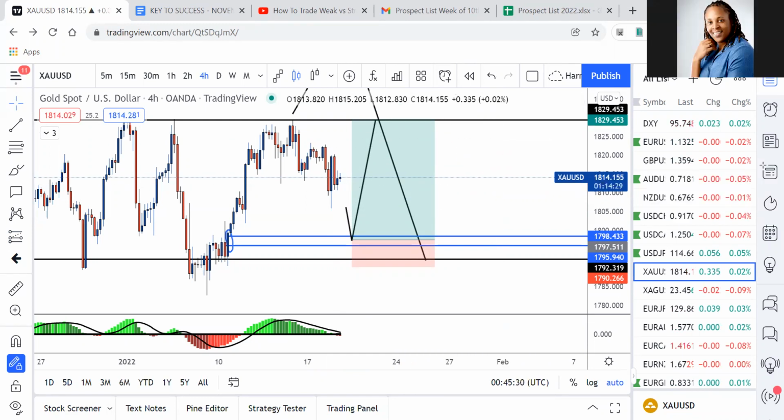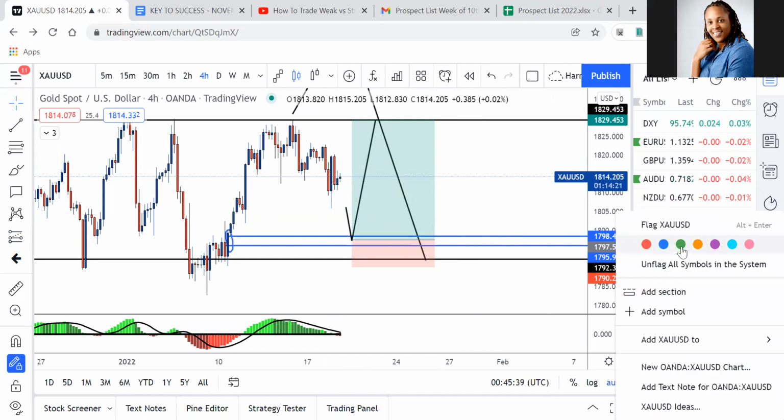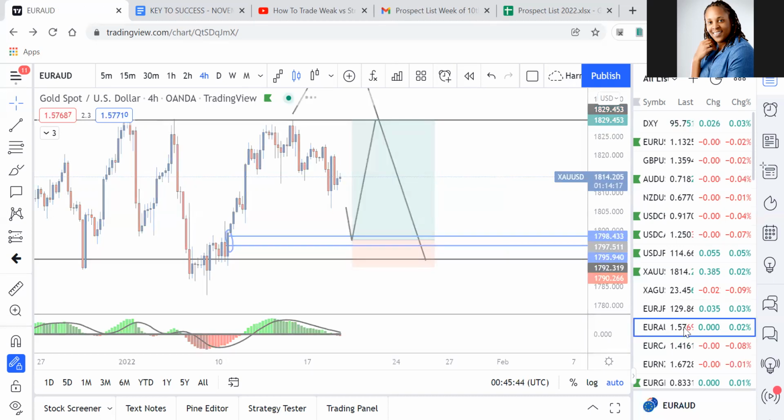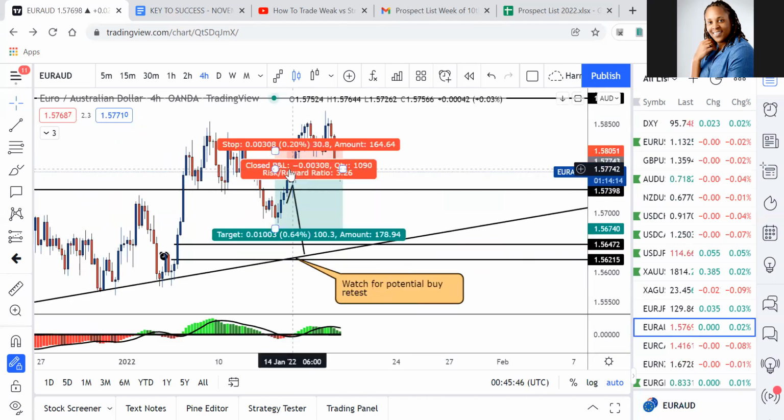This is the setup. So we can keep our eyes on that. Right. Let's see what else we have, if we have anything in the minors.